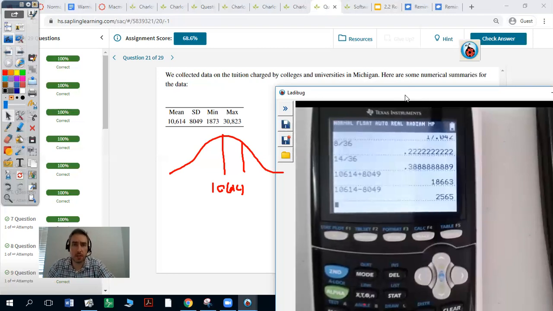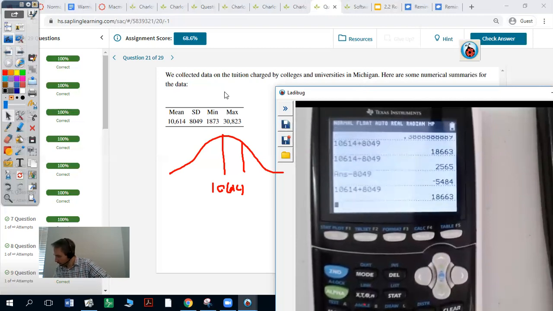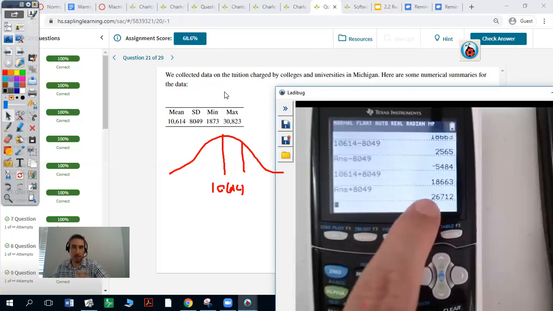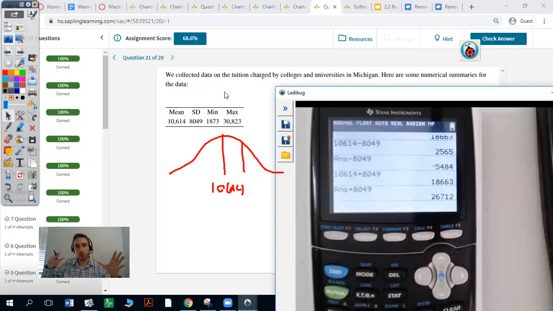That's a huge standard deviation. Now look at that. Your min is, if I take another 8,000 away from that, I'm in the negatives. Now, if I add 8,049 two times, I'm almost at the max. So this isn't going to be normal.